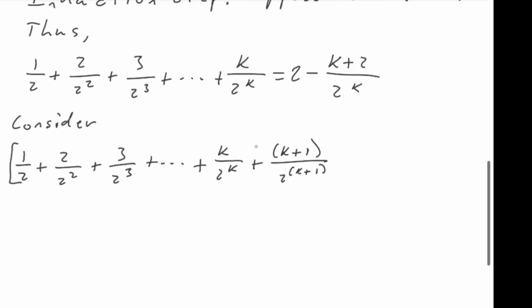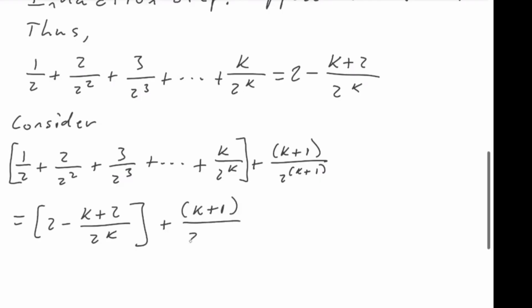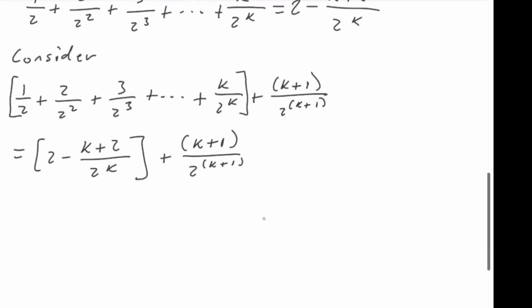We know this sum is equal to, by our inductive hypothesis, 2 minus k plus 2 over 2 to the k, and then plus k plus 1 over 2 to the k plus 1. All right, so we need to find a common denominator here.